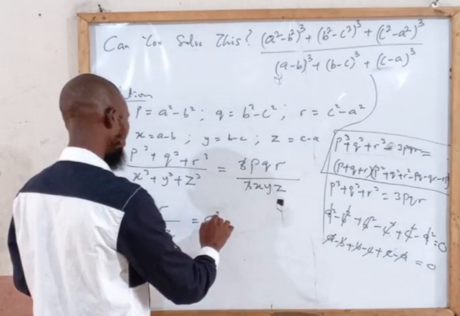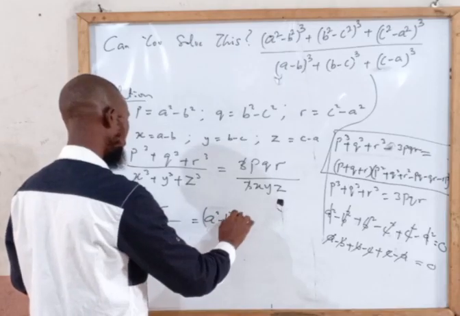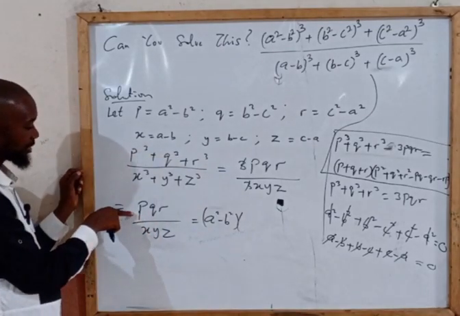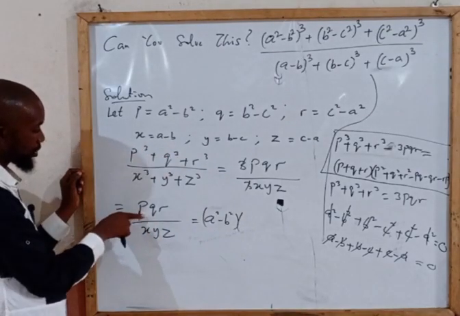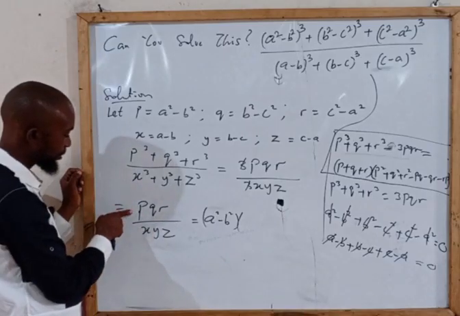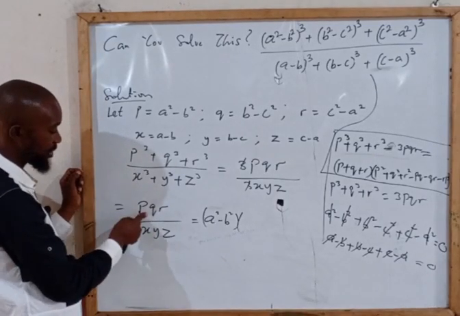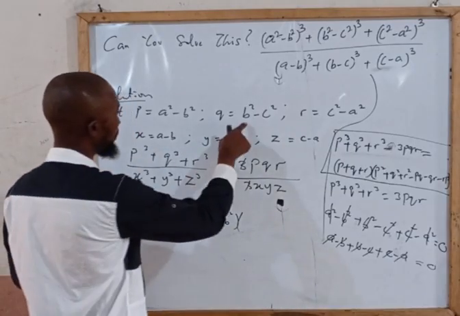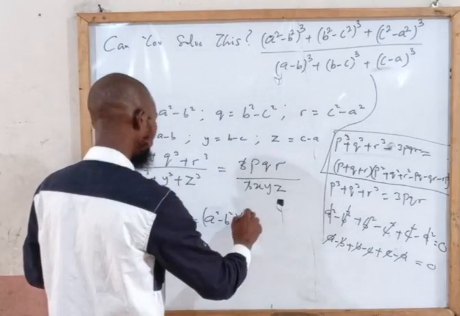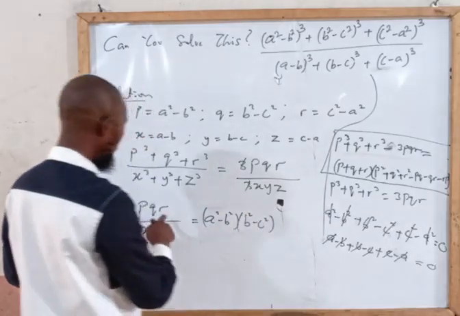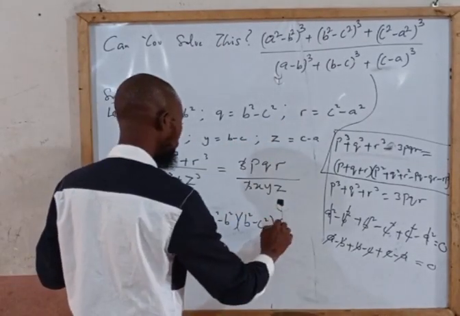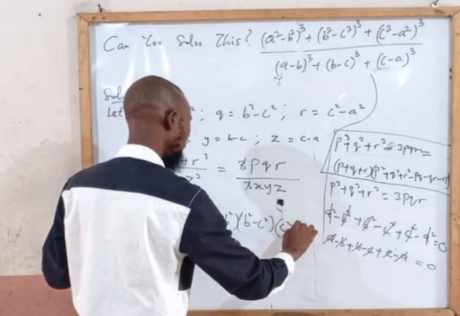So I will say A squared minus B squared into my Q. Remember this time around, it has changed from addition to multiplication. So it has to be the equivalent of P multiplied by the equivalent of Q multiplied by the equivalent of R. What is Q? We can say Q from above is B squared minus C squared, multiplied by R. So the equivalent of R is C squared minus A squared.